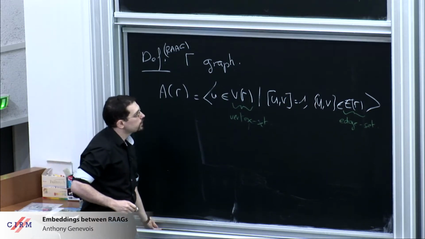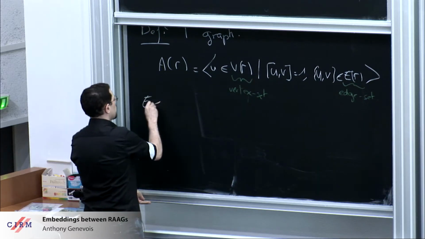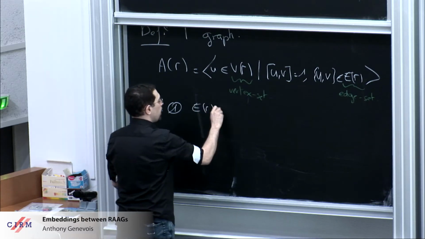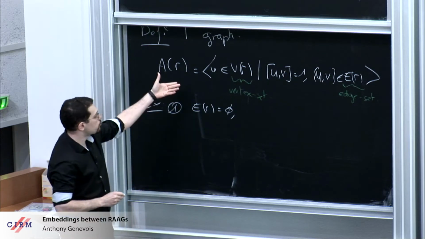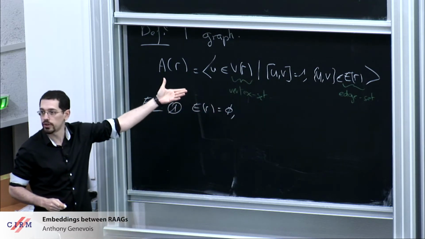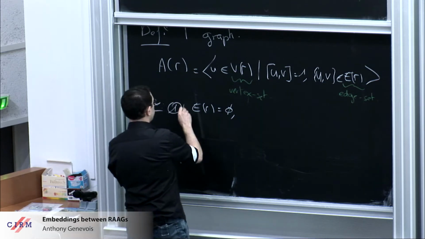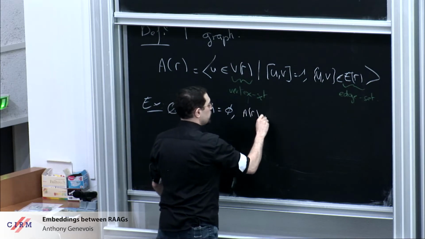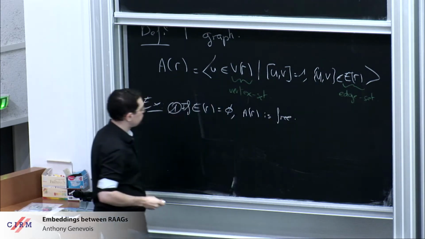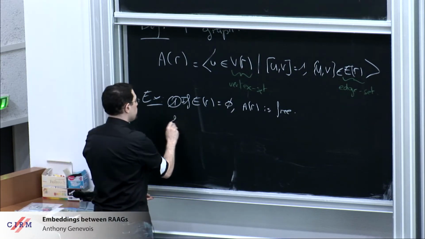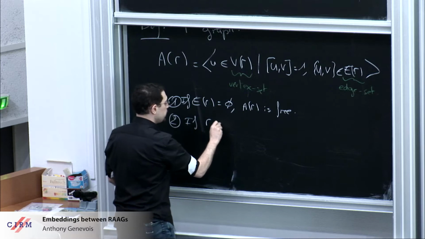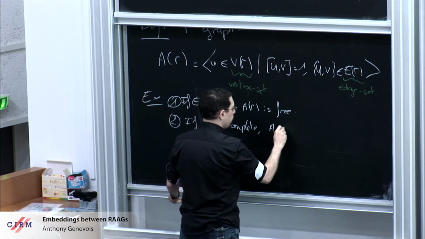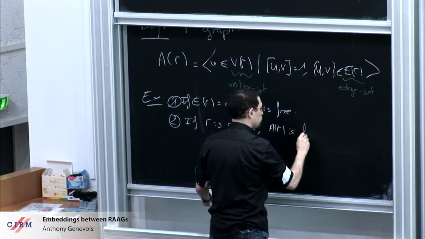And there are two extreme situations. The first case is where gamma has no edges, and in this case you have no relation, and so what you get is just a free group, right? So if you have no edges, then A gamma is free. And in the opposite direction, if gamma is complete, then A gamma is free abelian.